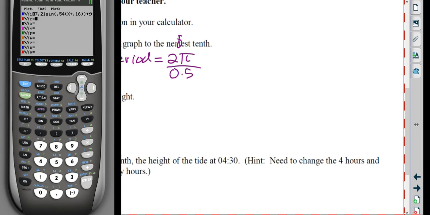What's 2 pi divided by 0.54? Wait for it, it's going to be around 12-ish. 11.6? 11.6 what? Units. Hours.